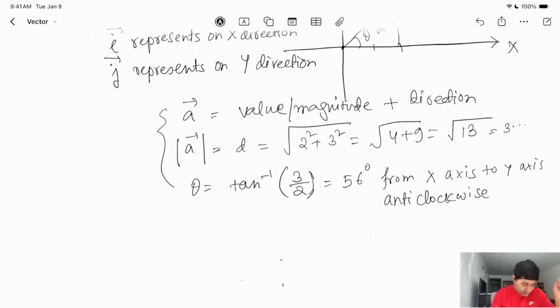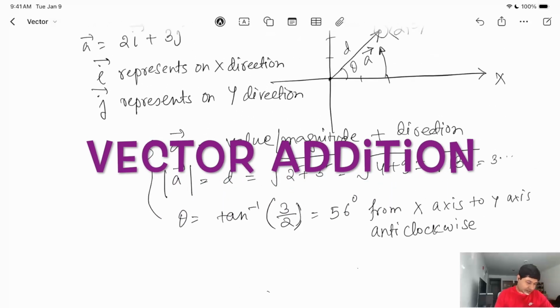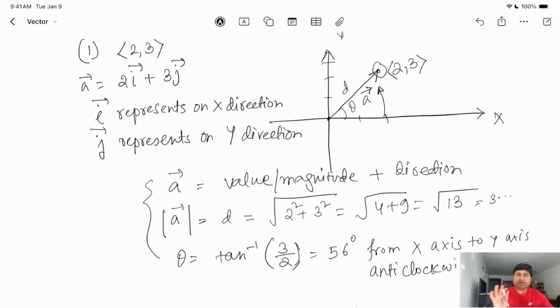Now when it comes to vector addition, just now we saw how we can represent a vector in two-dimensional space. Either you can represent it this way, or you can represent it as 2i plus 3j, where the i component represents the x direction and the j component represents the y direction.